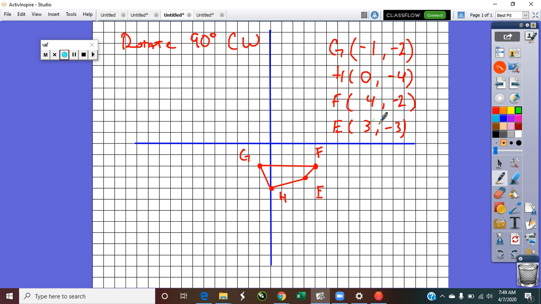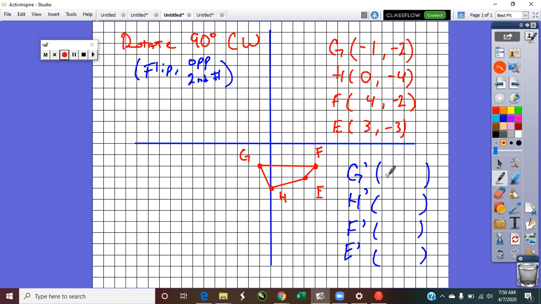Let's first determine our points. To me, that's pretty easy to determine because I just have to go by the rule. And if you remember, the rule for rotate 90 degrees clockwise is to flip, opposite second number. So let's write the coordinates for the new G, the new H, the new F, and the new E. And again, these are going to have an apostrophe because we have transformed these points. All right, so the new G, we're going to flip them first.